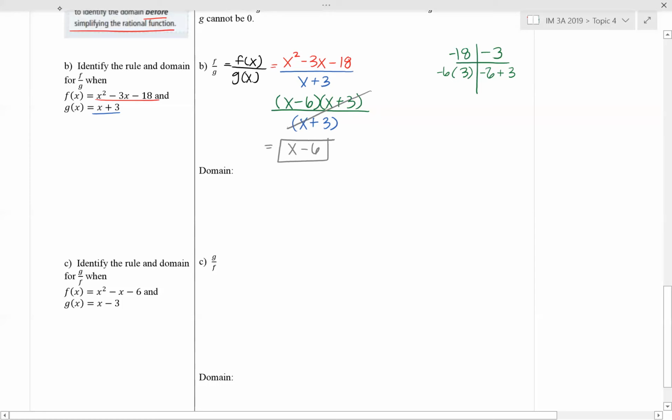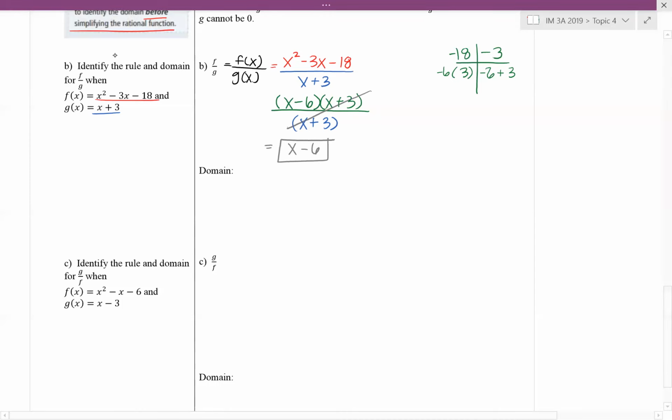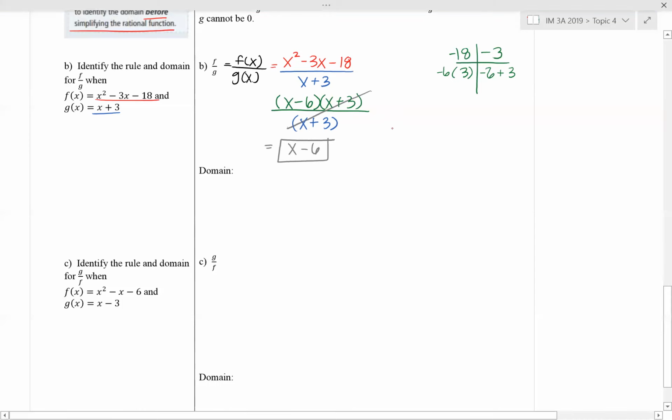Our domain, since we canceled out the only piece of our denominator, remember that x plus 3 is not allowed to be 0. So x is not allowed to be negative 3. Our domain is all real numbers except negative 3, because there was only one expression in the denominator.